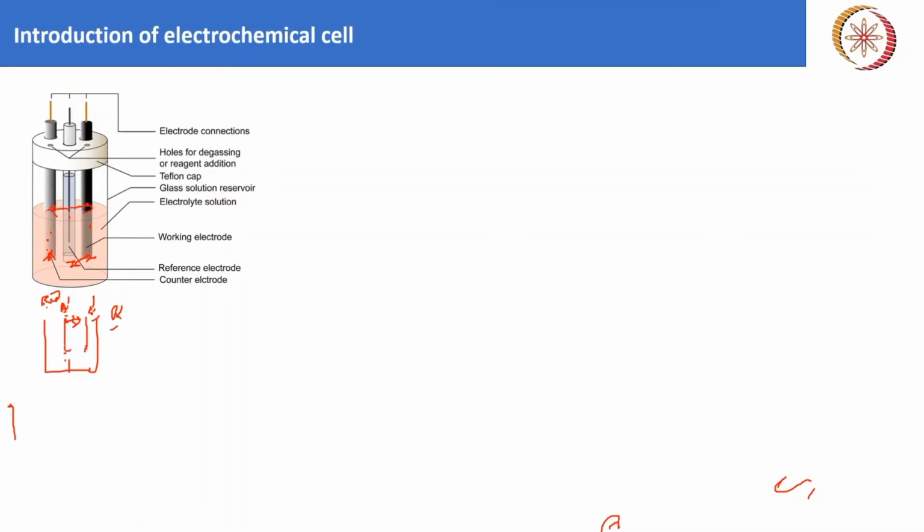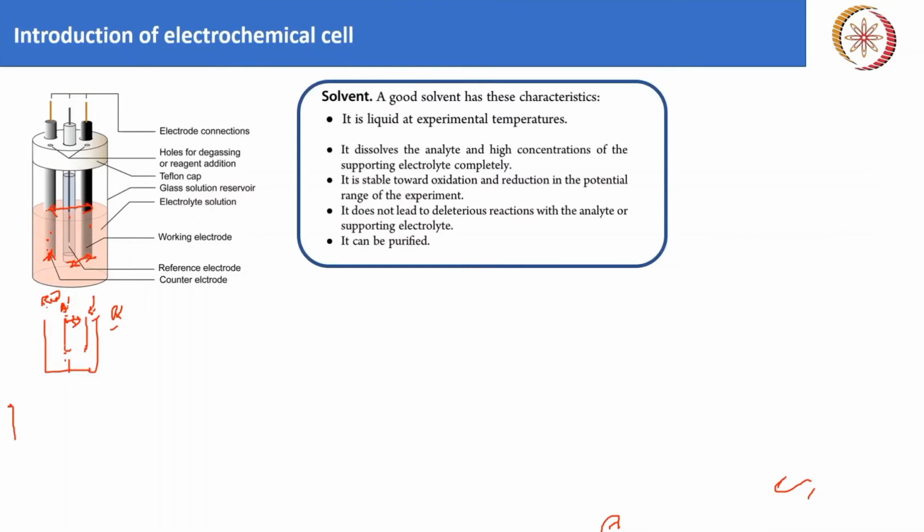So whatever electron process is happening through the counter electrode and working electrode, the potential of the reference electrode remains constant. Whatever potential you are measuring on the working electrode remains constant. So the three electrode system is required for kinetic studies or fundamental studies. Usually you prefer the three electrode system.